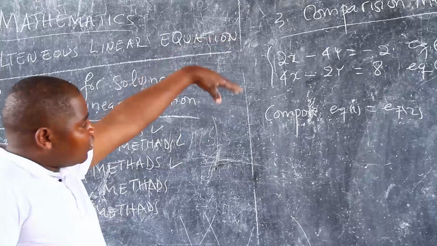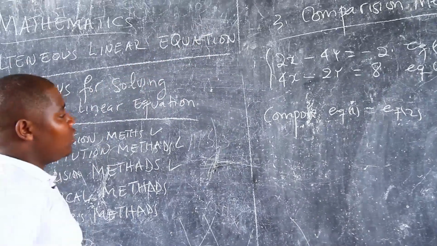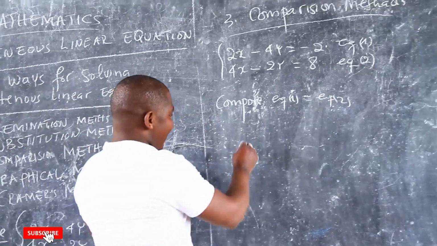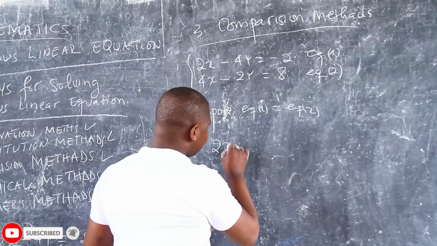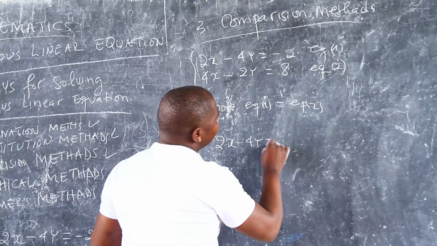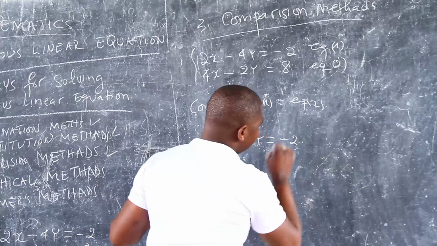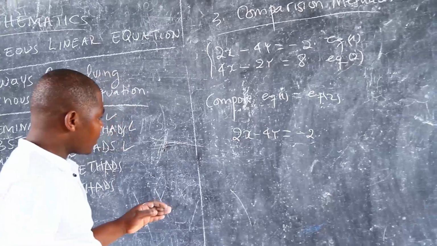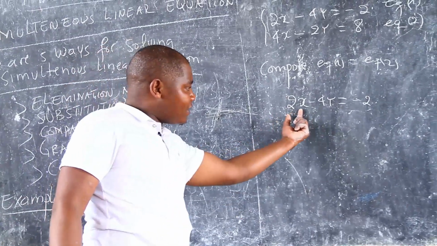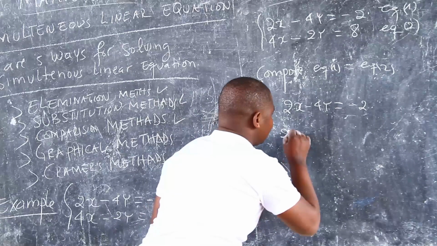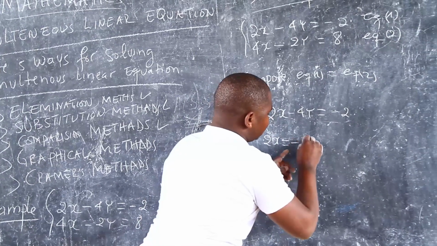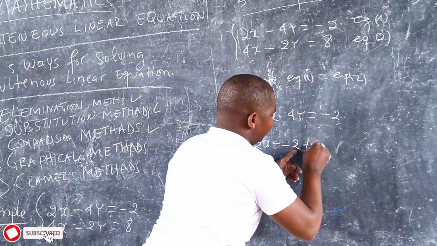Before we compare equation 1 and equation 2, there is something you can think about. If I have 2x minus 4y equal to negative 2, this is equation number 1. Let me find the value of x. 2x equals negative 2 plus 4y.